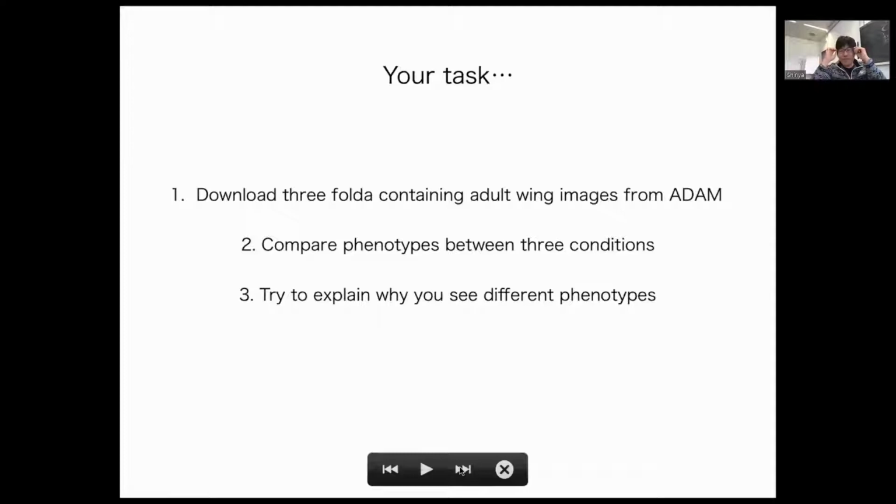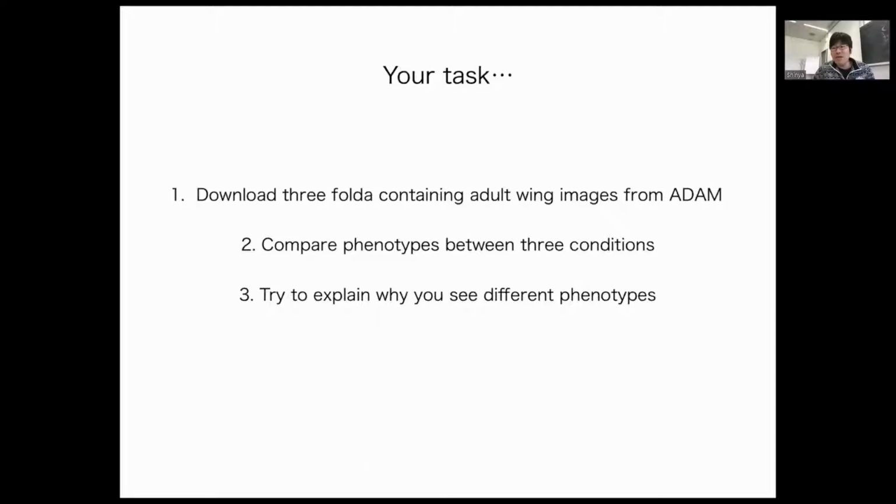Can you go to Adam and check these images? If everybody can find the images, we can take a break for about 15 minutes, or 10 minutes, and then we come back here to discuss the phenotype and interpretation of the phenotype. I think we don't need a separate break.